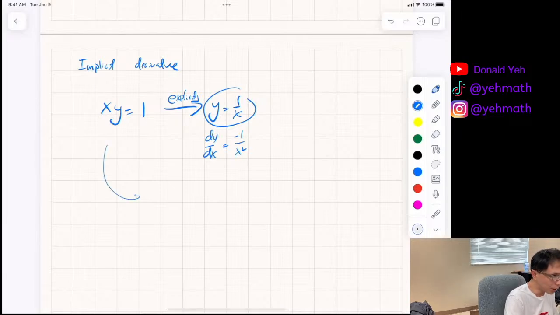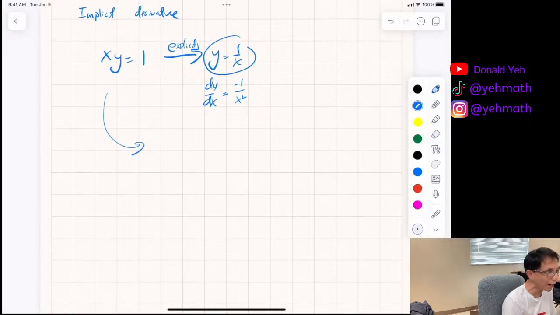Now this question, if you do it implicitly, it can be done as well, and you should get a very similar answer. But right now, we're not going to worry about this particular question.